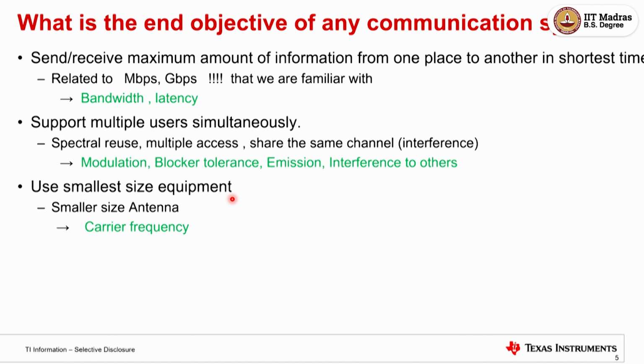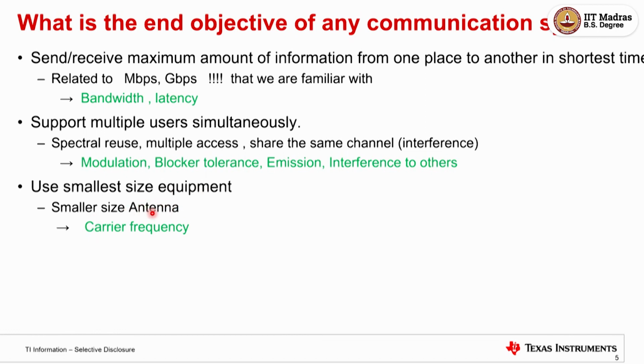Just to give examples, maybe even in India you can see that nowadays, with 5G base stations, you can't even tell it's a base station when you're traveling. It'll be camouflaged into a tree or a lamp post. How are they able to do that?